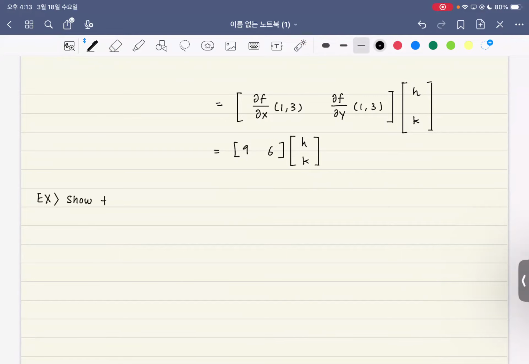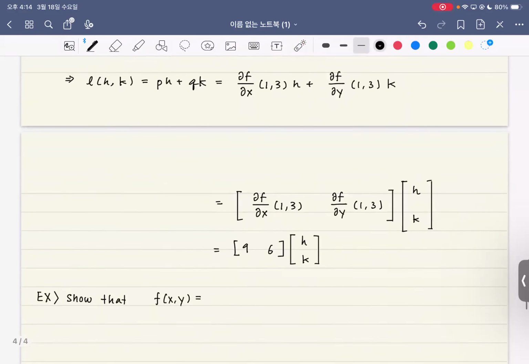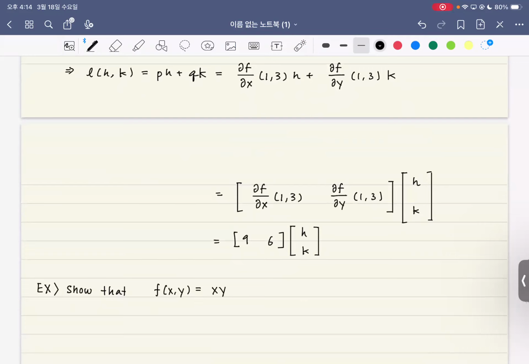I want to show that. What was my function? My function is x times y squared. x times y squared is differentiable at my point, which was (1, 3).